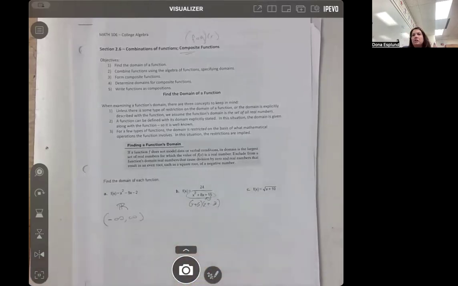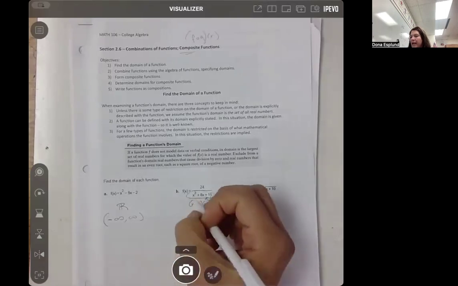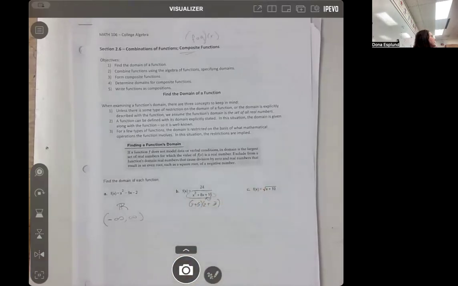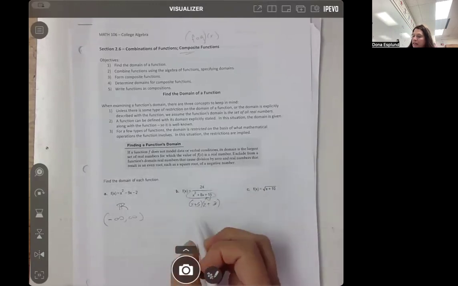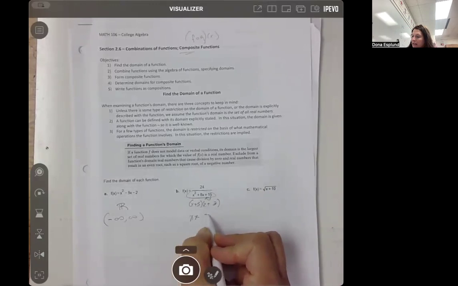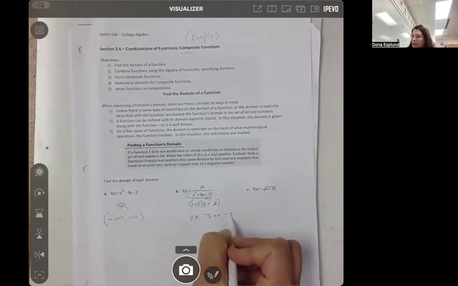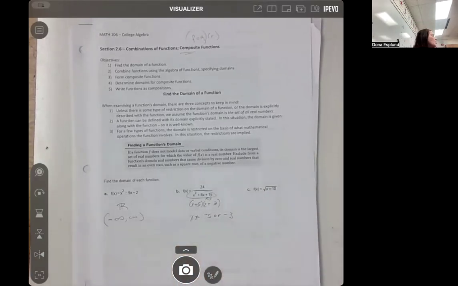Notice that I have an asymptote at -5 and -3. The reason you have a problem is because it makes a zero on the bottom of the fraction. So I do have restrictions on my domain: x cannot equal -5 or -3, because that creates a zero on the bottom of my fraction. And that's why the domain is listed that way.